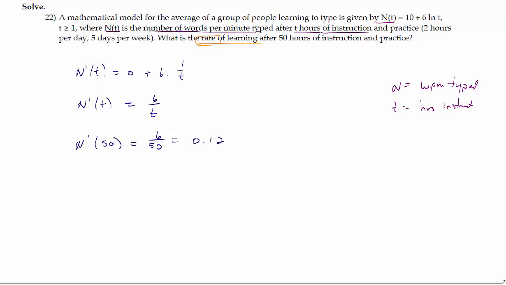So my rate of learning is going to be 0.12 words per minute typed per hour of instruction. And you could say practice and instruction. All right, it's a nice long label.